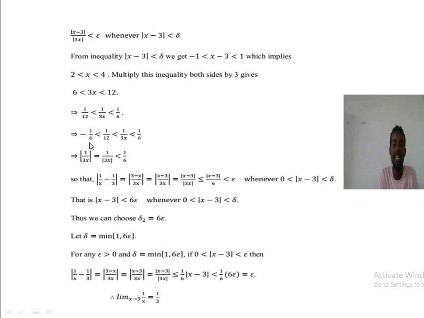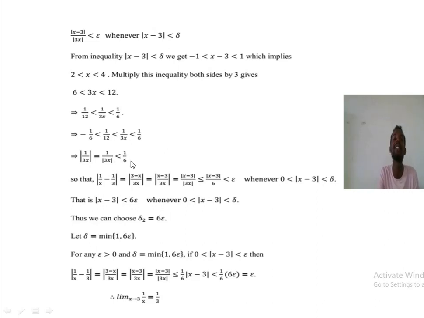By taking the absolute value of both sides, we have the absolute value of 1 over 3x, which is the same as 1 over the absolute value of 3x, since the absolute value of 1 is positive 1. So this is equal to 1 over the absolute value of 3 times x, which is less than 1 over 6.